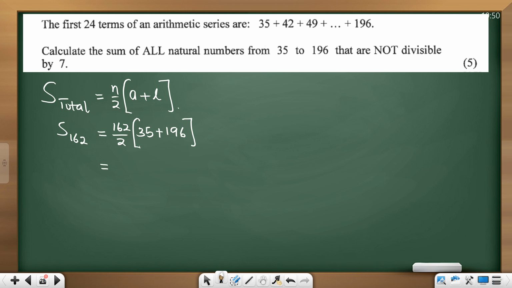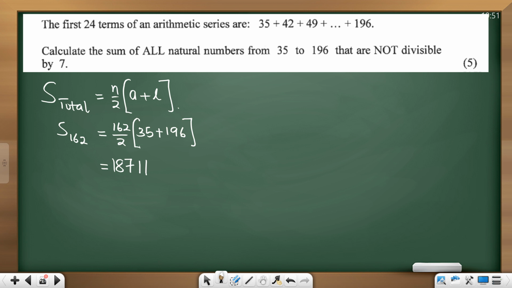Sum of all natural numbers. Please, if you are lost, let me know. This is a common question. 18,700. Okay, talk to me. You don't know where we got the 162 from.